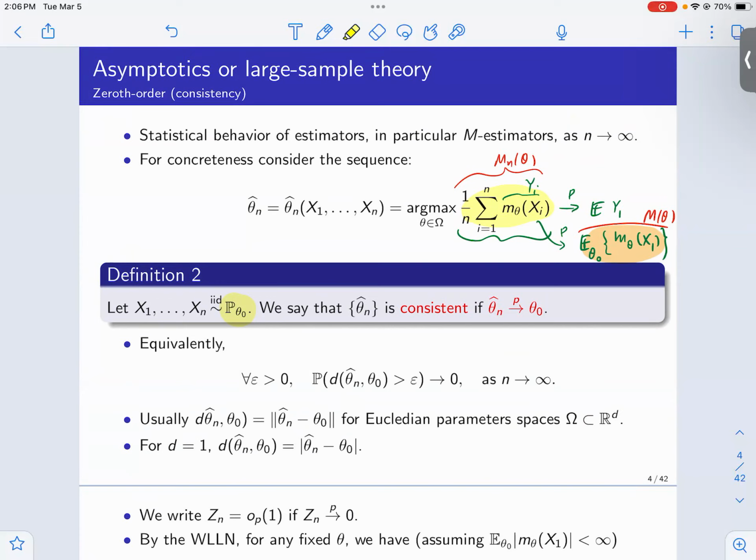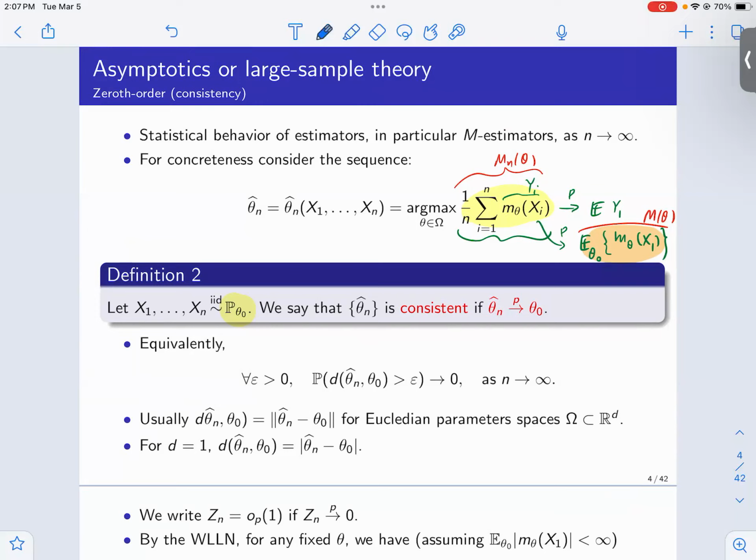So the assumption is that one of these probability distributions is the correct distribution. So we have a model that includes the true distribution, and then I'm maximizing. Actually, in this case, the theory is more general than that, even if P theta naught is not inside the family.